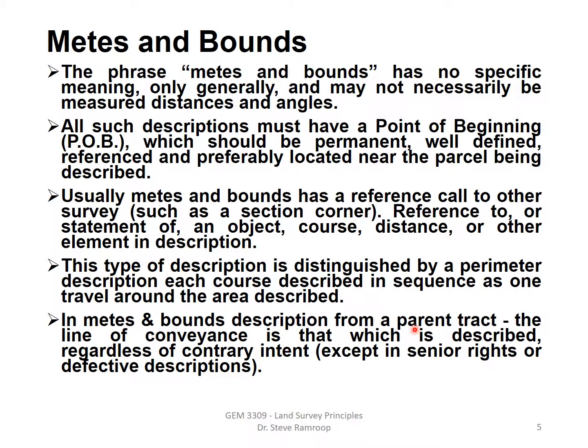It's actually implied to be the original intent of the grantor and the grantee, except in cases of senior rights or defective descriptions. By defective descriptions, we're talking about descriptions that do not convey, have a lot of ambiguity, and do not accurately describe what is out there in the real world.